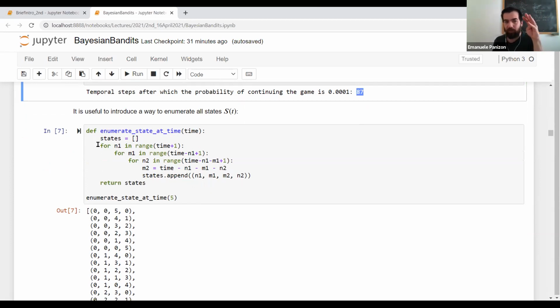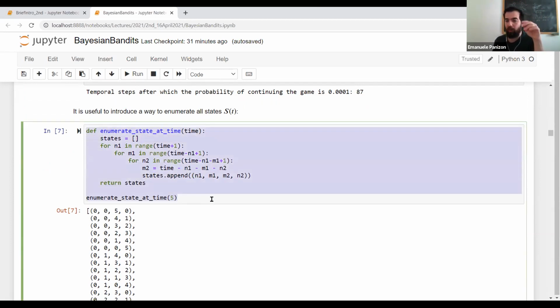This is a lot because we have to create a way to enumerate all the states at a certain time. If you remember, since all the integers can only go up by 1 every time, we want to enumerate every state possible at a given sum. And this is what it does.